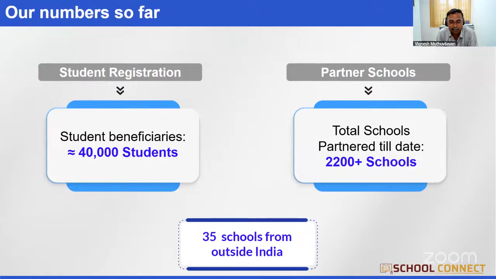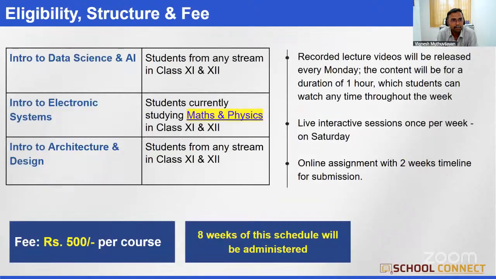We have seen quite active participation from those schools as well. If you know of other schools who are not partners yet, please do inform them and connect with them. Tell them these opportunities are there, they could partner with us, and the students can benefit through these programs.